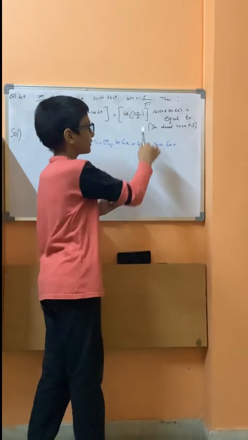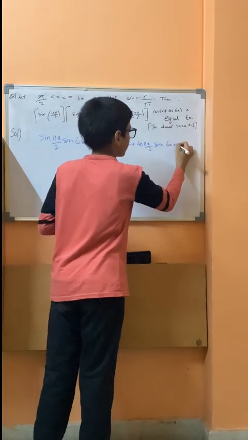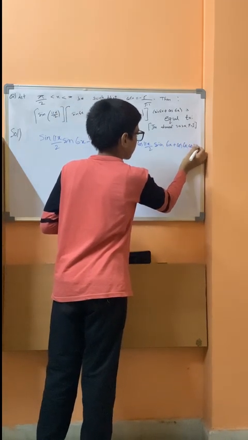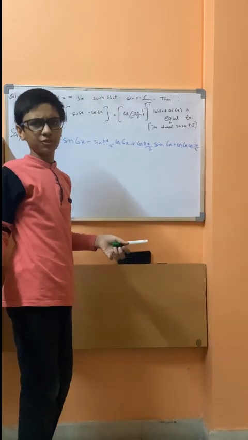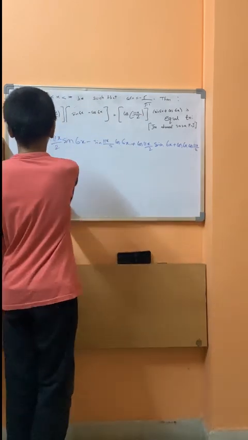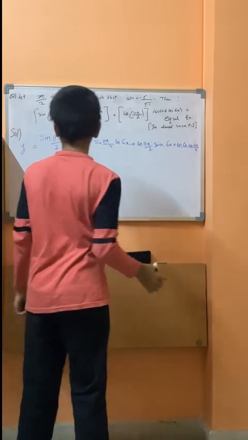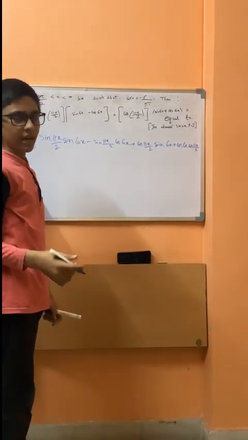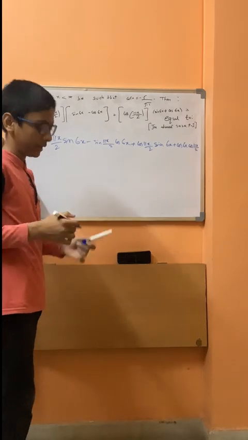And finally this times this. For now let's assume this to be y. So we get this. Now we are going to club two terms, and before that I would like to tell you a few formulas.